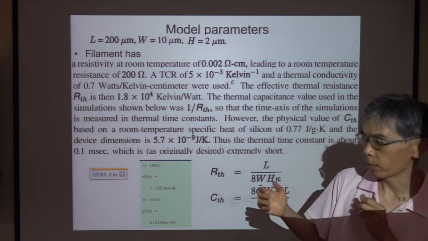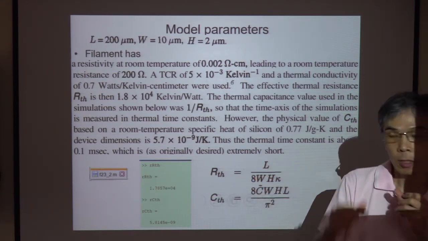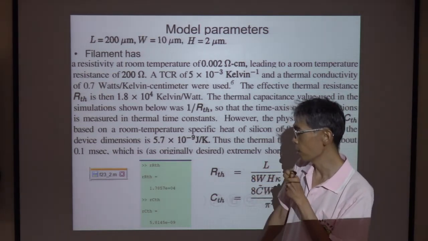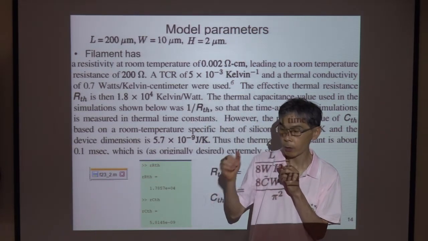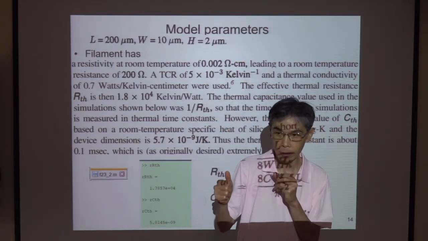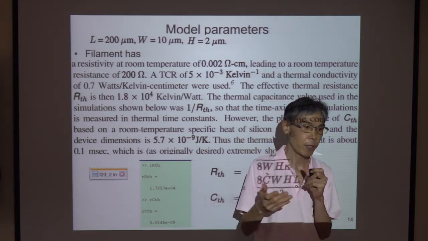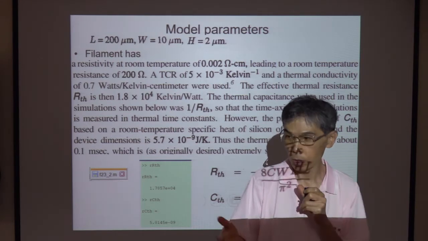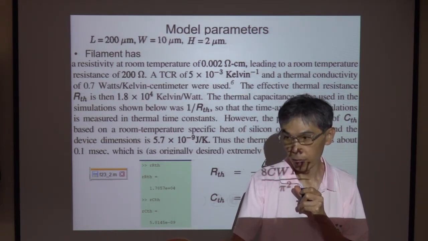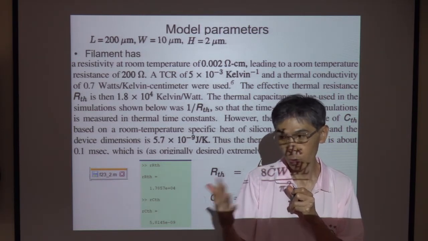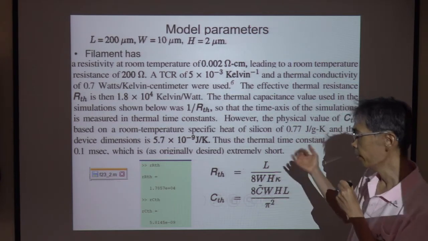If you have your poly resistor for heater, you should calculate this thermal time constant to know how quick your response is if you switch the power on. For a sensor, time constant should be long or short? Yeah, it should be short. Okay, good. Okay, next page.